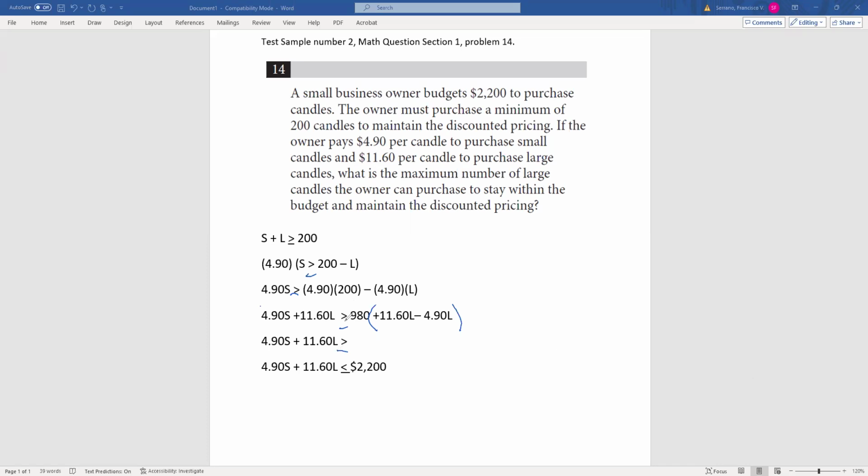Okay, so what's going to be on my right side of the equation? 980 plus 6.70 L.